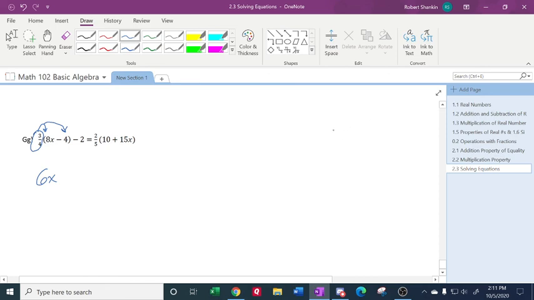Now, I could have done it like this, with a timeout, and said 3/4 times 8x, and I would have made this over 1. And then I would have said, alright, divide this by 4, divide this by 4, and then multiply them together, and I see I get 6x. But instead, I just kind of did it in my head. 4 goes into 8 2 times, 2 times 3, 6x.